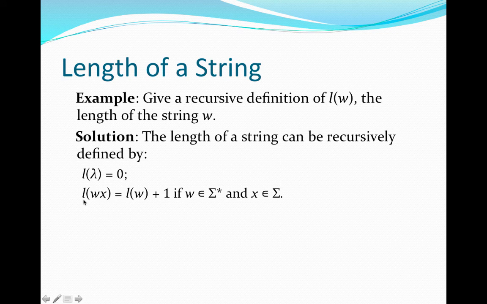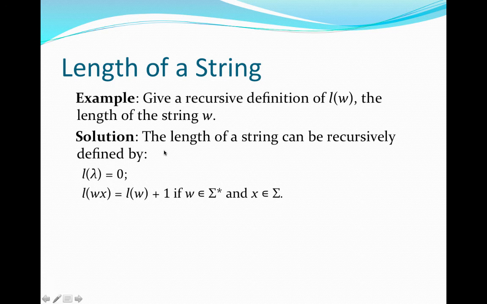We define the length of a string of this form to be the length of W as previously defined plus 1. As we add a member of our alphabet to the right of a previously defined string, we simply add 1 to the length. This gives a recursive definition for the length of a string following the recursive definition of a string.